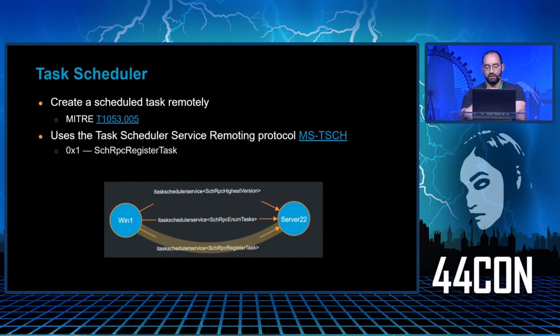And lastly, I'll discuss the task scheduler, which is very similar to PSExec in a way that we copy a binary and then just launch it. And instead of using the service manager, we just call the task scheduler and create a scheduled task to launch that binary.